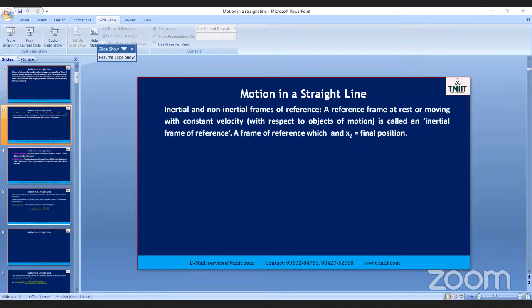How is this speed mathematically represented? Speed is measured as the distance traveled divided by the time taken. So distance by time is called the speed.